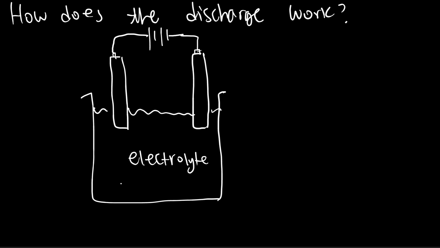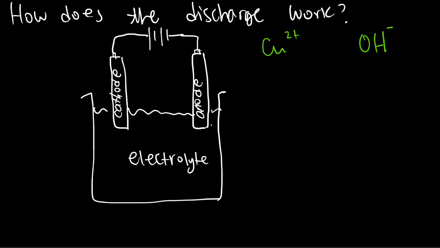And in our electrolyte, what's getting discharged? We have our copper 2 plus getting discharged, and our OH minus getting discharged. And remember, this is our cathode attracting our positives, and this is our anode attracting our negatives.